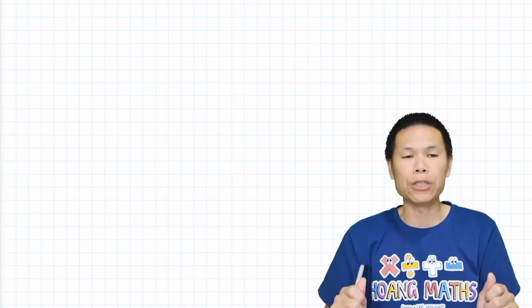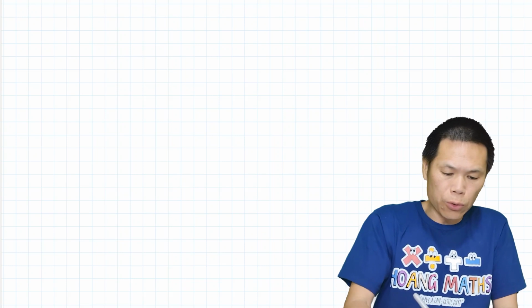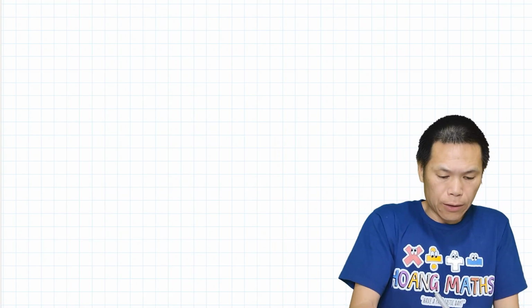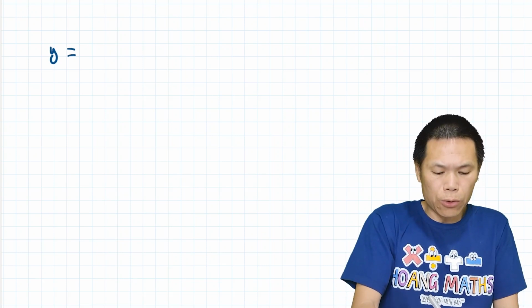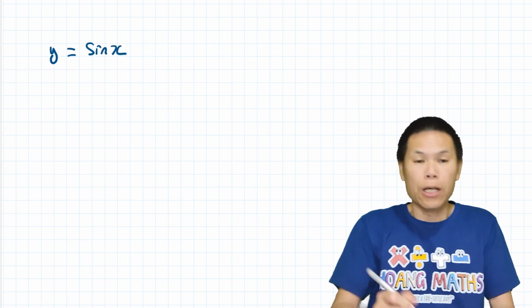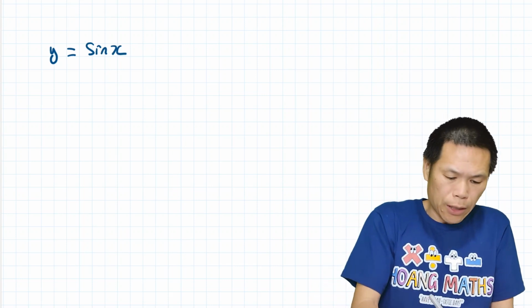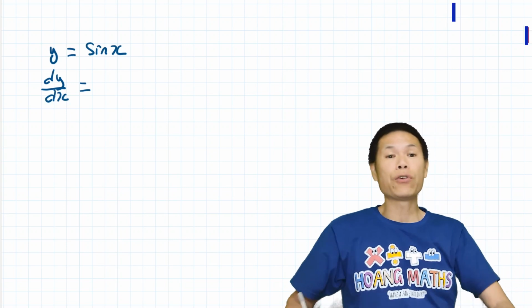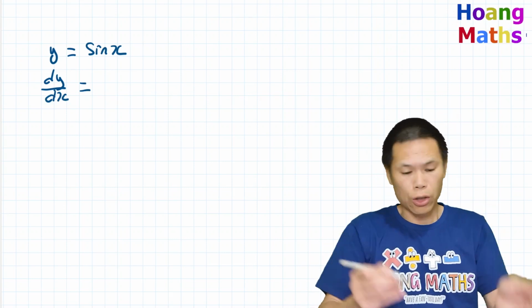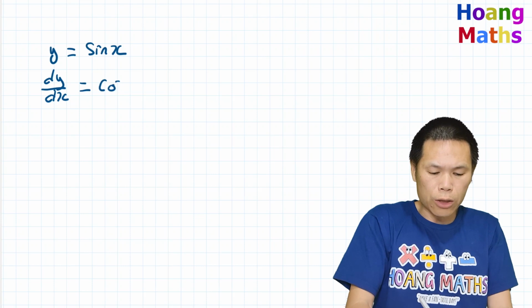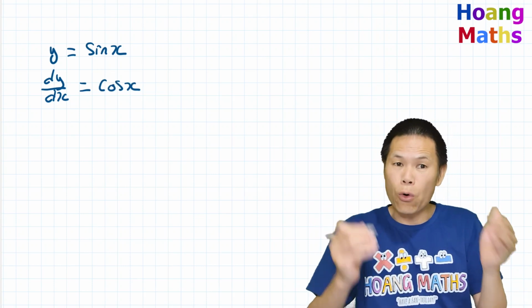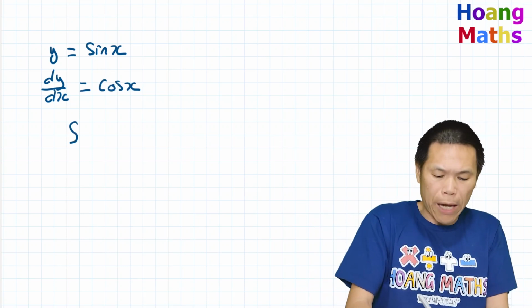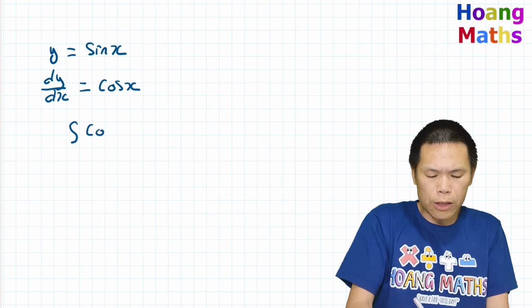Let's say I have a function y is equal to sin of x. If I differentiate this, so that is dy/dx, we know that differentiating sin gives me cos, so that will give me cos of x. So therefore, if we integrate going backward, we integrate cos of x dx.